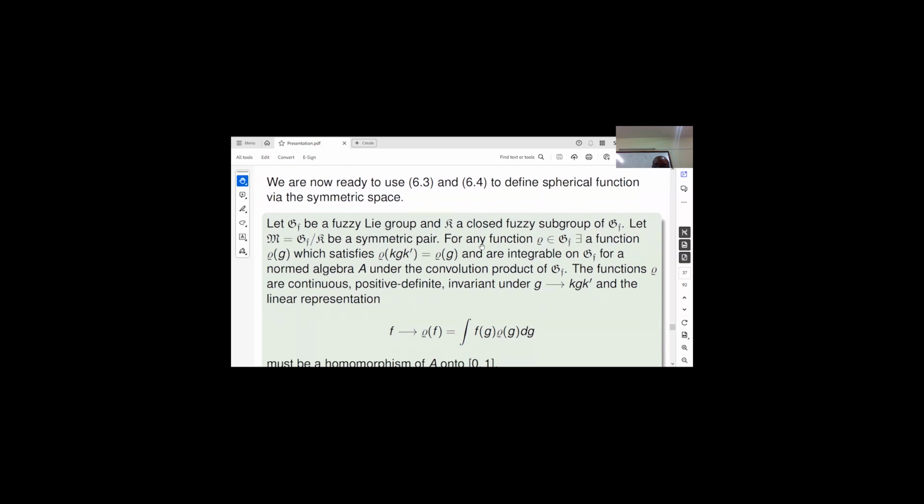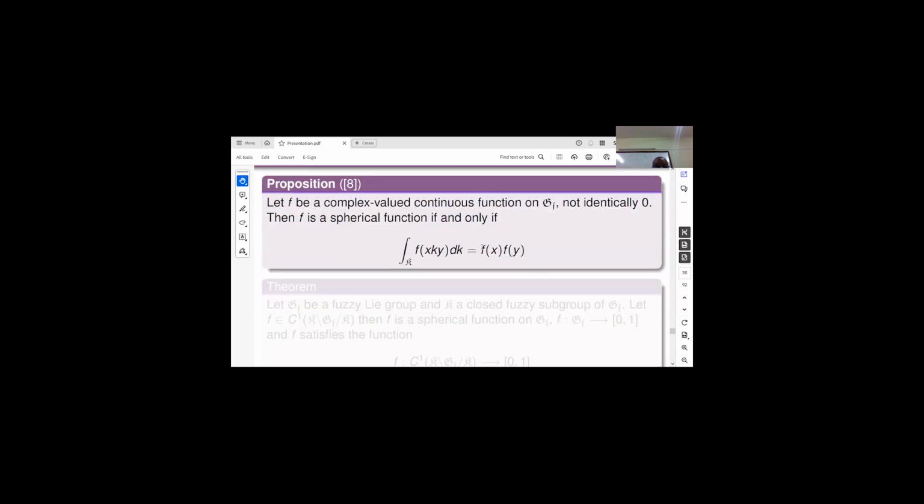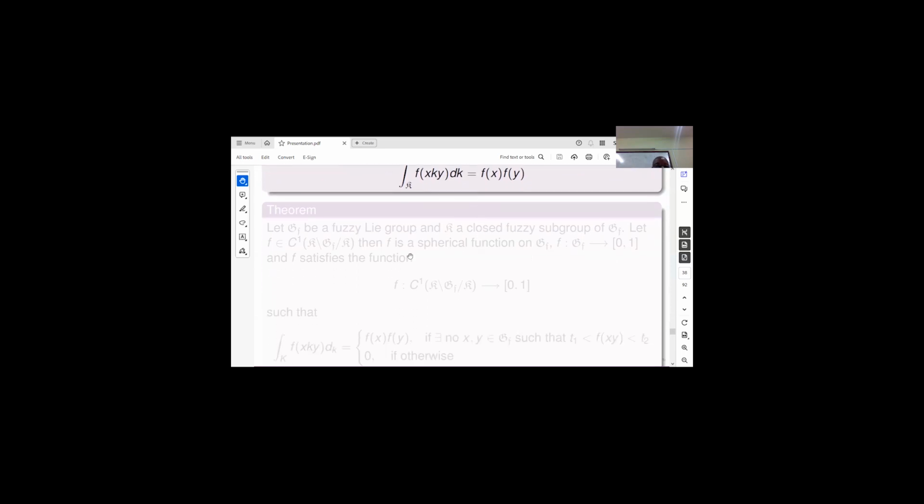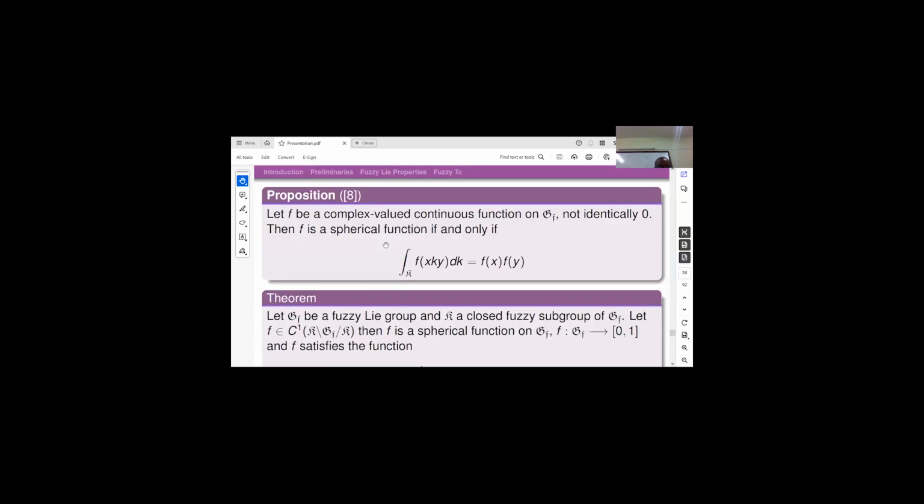And then the major result, which I will now show, is this theorem: let G be a fuzzy Lie group and K a closed subgroup of G, with F1 being a C1 fuzzy manifold of this bi-invariant space.